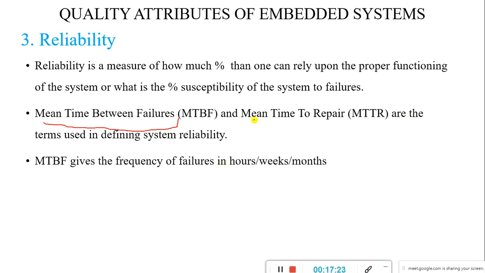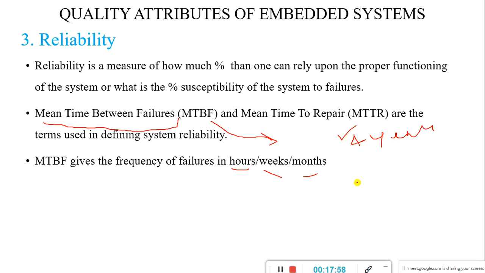Based on this, we talk about whether the system is reliable at 80% or only 50%. So that's how reliability is measured, based on MTBF and MTTR. Most of the time MTBF gives the failures in hours, weeks or months. Say I bought a washing machine, and for 4 years it will be working fine.